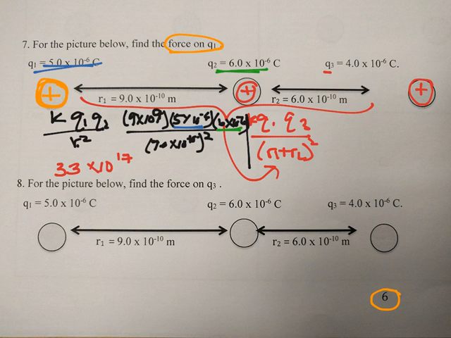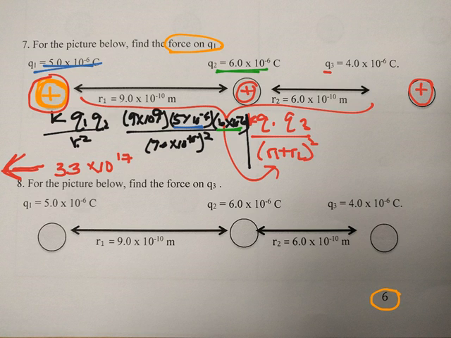And note that this force on this charge, which direction is it going to push it? It's going to push this particular charge to the left, because remember they're both positive, so that force is going to be repelling.